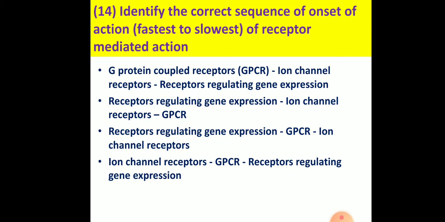So the slowest will be the receptor regulating gene expression, and the GPCR, the G protein coupled receptor, will be between these two. So the answer is fastest is ion channel, followed by G protein coupled receptor, and lastly receptor regulating gene expression.